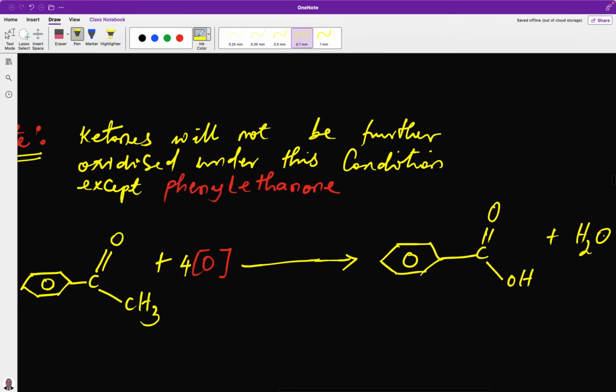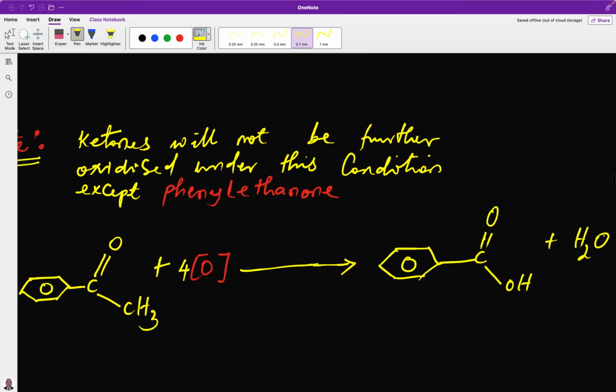So this is what you can get. Ketones will not be further oxidized under this condition, except phenylethanone, which can be further oxidized to this product.